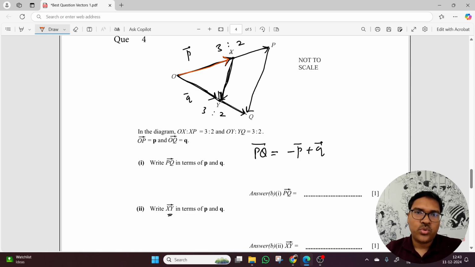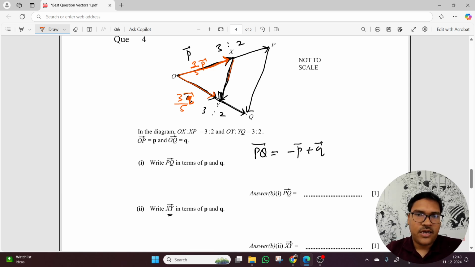This ratio is 3 is to 2, and we know the total vector is P vector. So this is 3/5 of P vector. I hope this is clear. Out of 5, this is 3. So this is 3/5 of P vector. And same logic, this part is also 3/5 of Q vector.